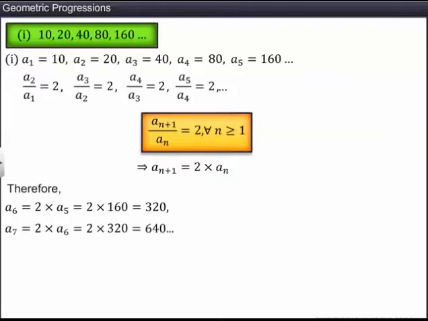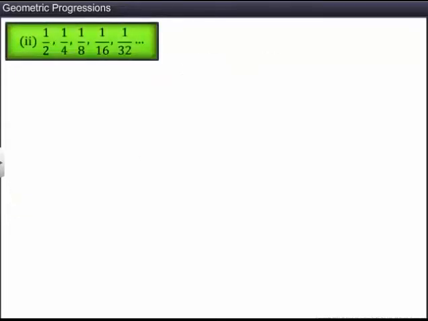Similarly, for the second sequence, the ratio of the n plus 1th term to the nth term is equal to 1 by 2 for all n greater than or equal to 1. It implies that the n plus 1th term can be obtained by multiplying the nth term with the constant 1 by 2.